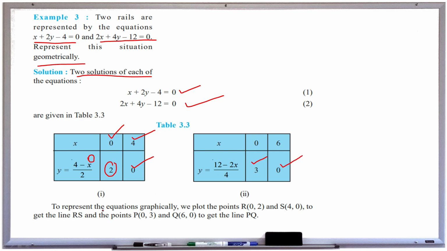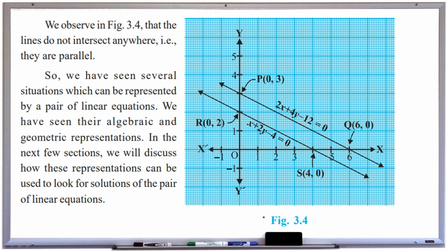To represent the equations graphically, we plot the points (0, 2) and (4, 0) to get the line RS. The points P (0, 3) and Q (6, 0) give the line PQ. Two lines we are going to get by representing the given points on the graph. If you consider the graph, we observe that the lines do not intersect anywhere, they are parallel.